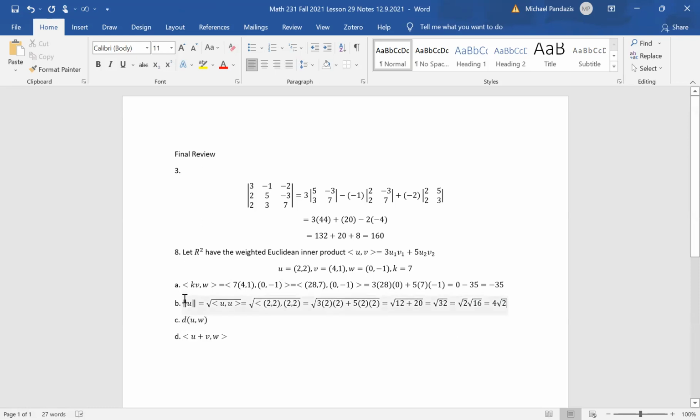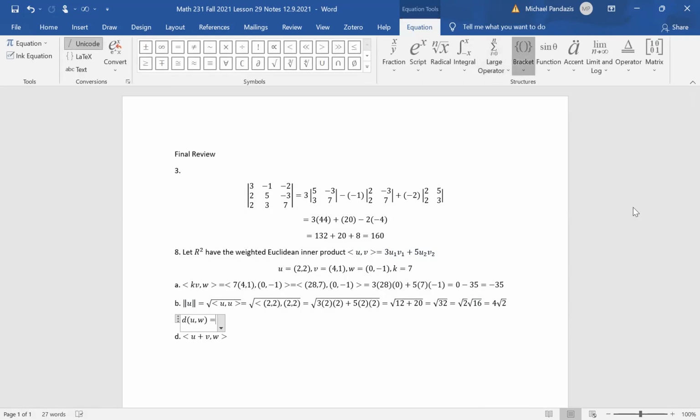So the length of u with respect to this weighted Euclidean inner product, the norm of vector u with that inner product function, is 4 root 2. And then the distance between u and w is equal to the norm of u minus w. That's equal to the square root of the inner product of u minus w with itself.